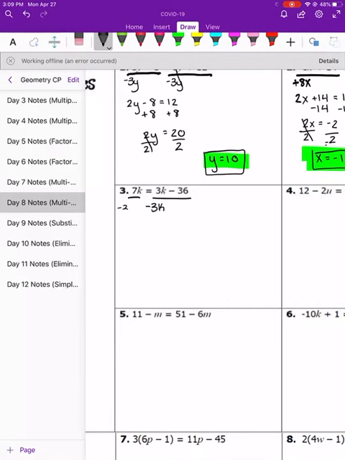So I'm going to subtract 3k so that I can move my k to the left. So 7k minus 3k is a 4k equals negative 36. Divide by 4. And that means that k equals negative 9.